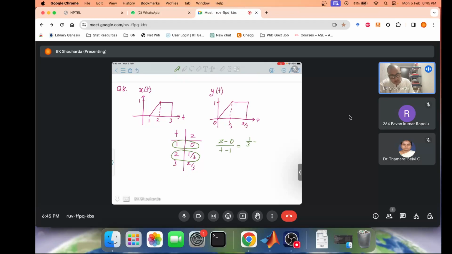It is equal to the slope, (1 by 3 minus 0) by (2 minus 1). Okay, so these are 2 points on a number line, so I'm kind of fitting the line and trying to find the slope of the line. z upon (t minus 1) is how much? 1 by 3.